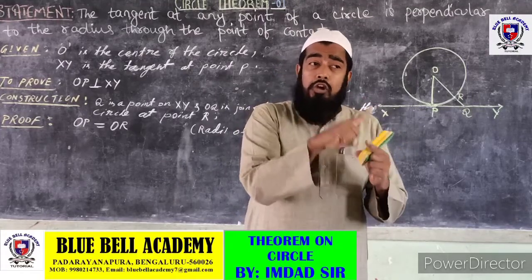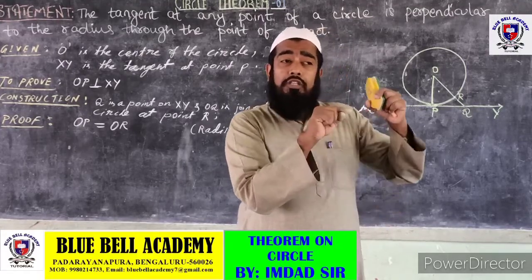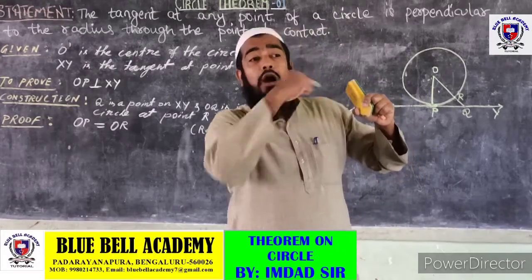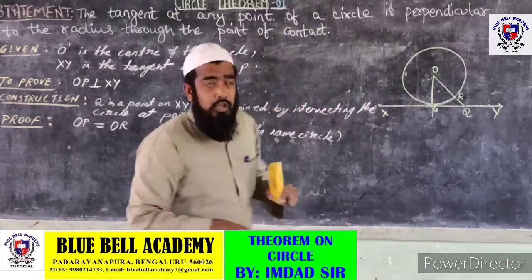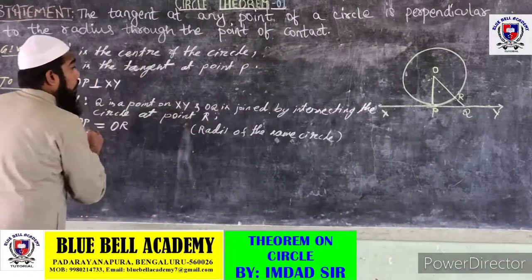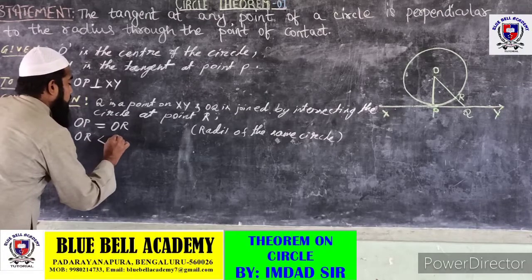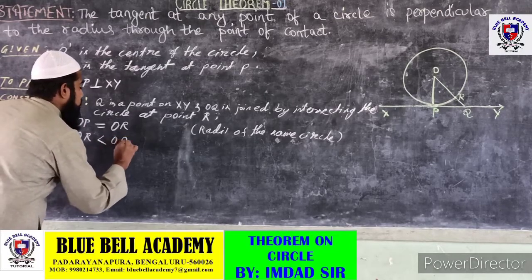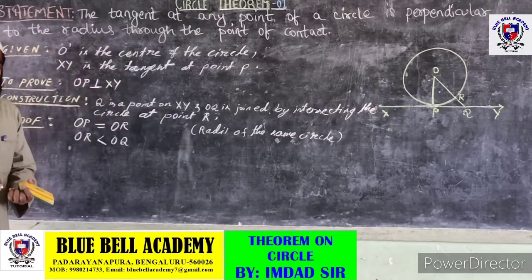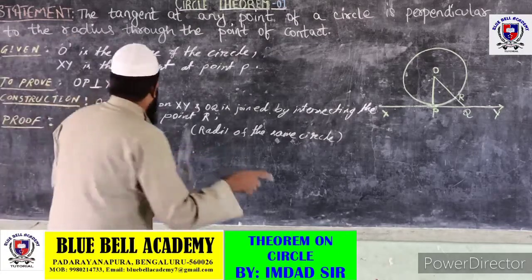Or the radius is always smaller than the line joining the center and the point out of the circle. Understood? So we can say here OR is smaller than OQ, and we know that here.